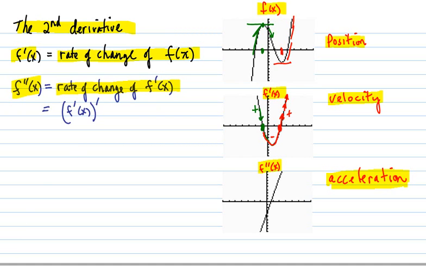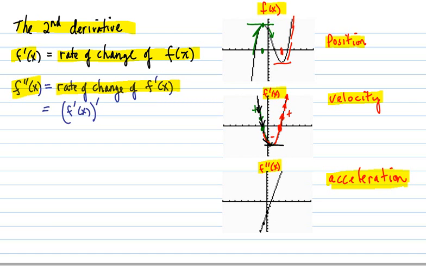Now let's talk about the relationship between f prime and f double prime. So as these velocities were decreasing, going down, that meant that its rate of change was negative. That's why these f double prime values are all negative, because the f prime keeps on decreasing until you get to here.